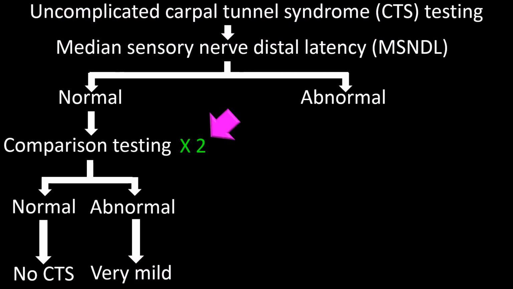As we previously mentioned, the usual best practice is that when the initial test is consistent with carpal tunnel syndrome, a second test should be used to confirm the presence of an electrical abnormality. So in this case, a third test could be avoided and the diagnosis can be confirmed, but the second test should be done.